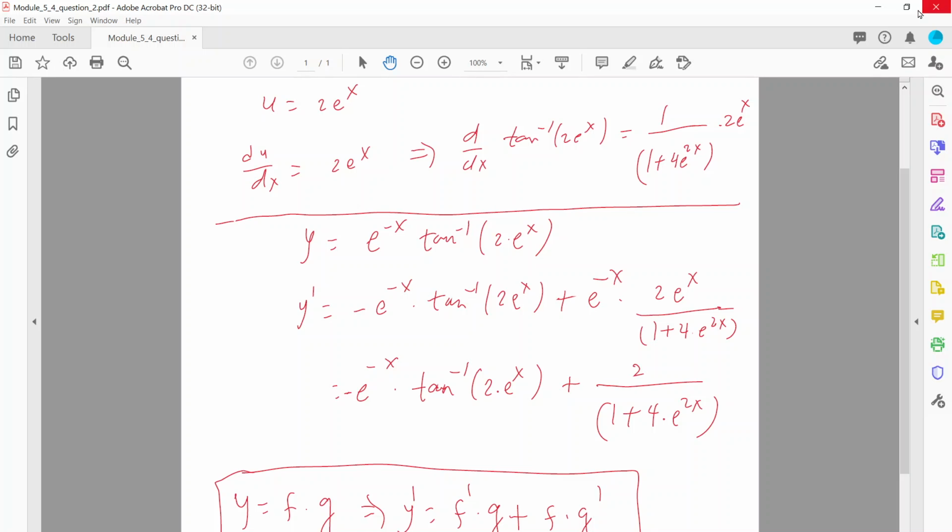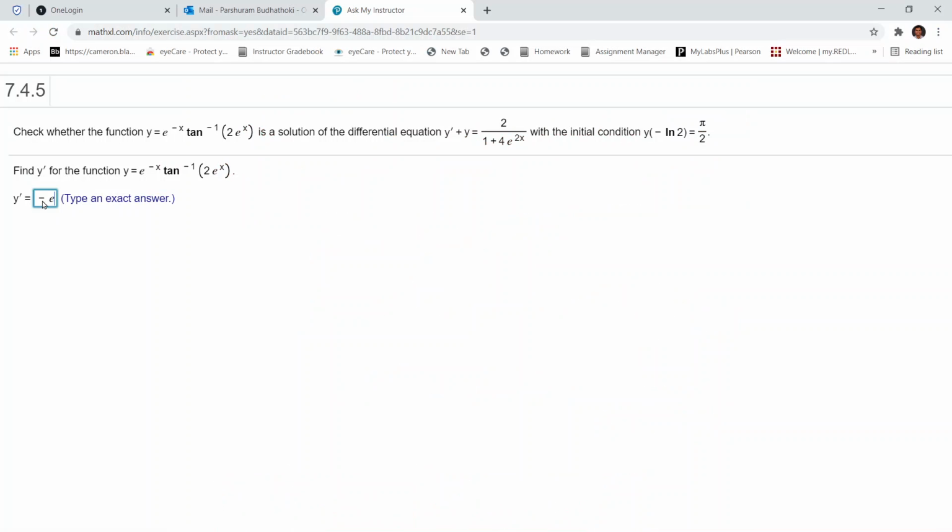So let's type this here. The derivative of y is negative e to the power negative x tan inverse 2 e to the power x plus 2 over 1 plus 4 e to the power 2x.